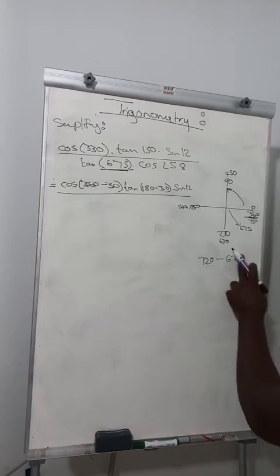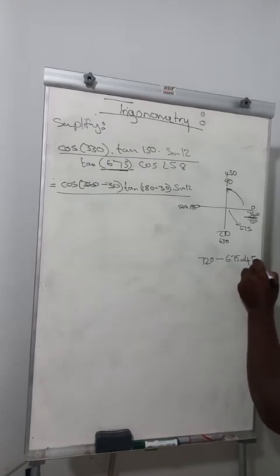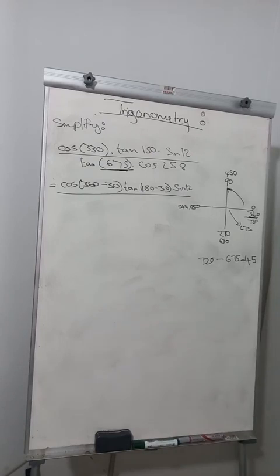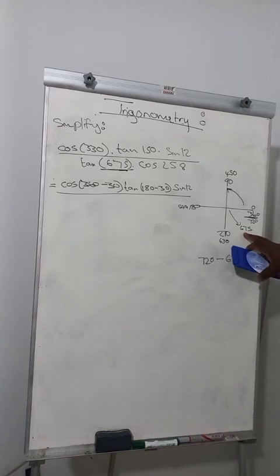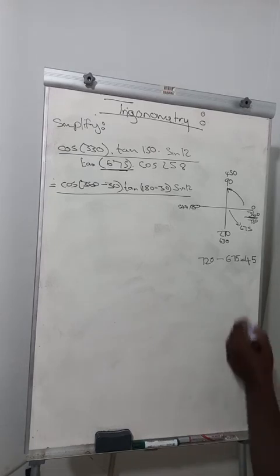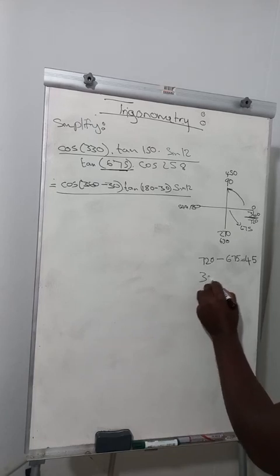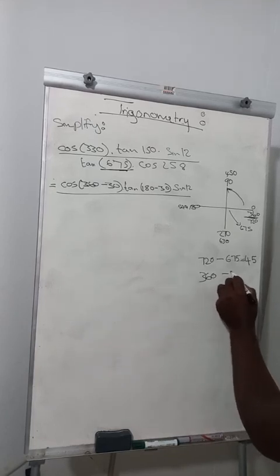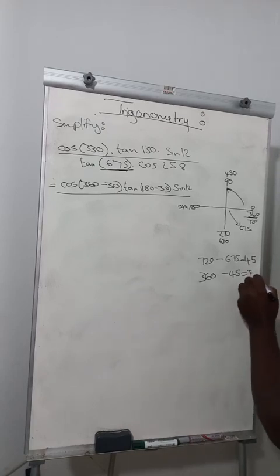An answer of 45. Do you get that? Now, with 45 and this thing being within the fourth quadrant, it's the same as saying 360 minus 45, and you get a particular value there. You'll say 360 minus 45, which gives 315.